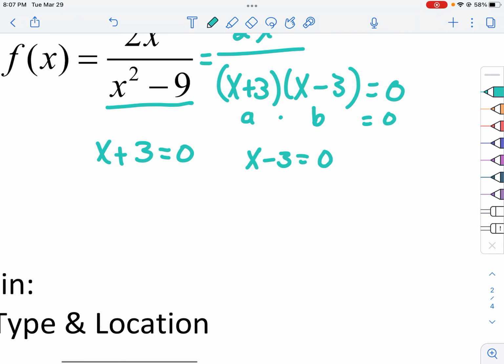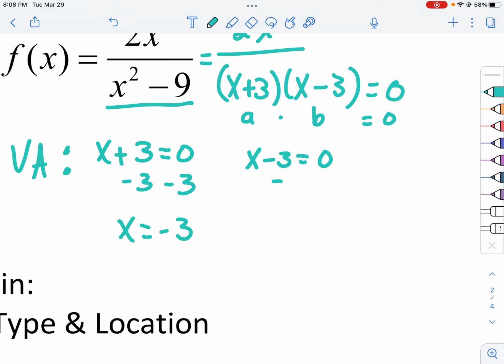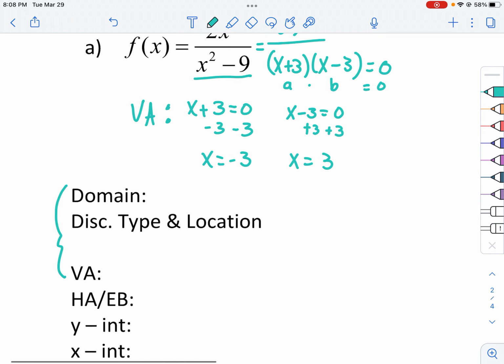And now we can solve for x. I'll label this the vertical asymptote because that's what we're doing right now. So we have x equals -3 is one of the vertical asymptotes. And this graph actually has two vertical asymptotes, one at -3 and one at +3. So my vertical asymptotes, x equals -3, x equals +3.